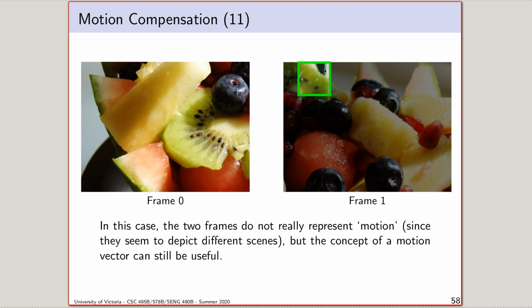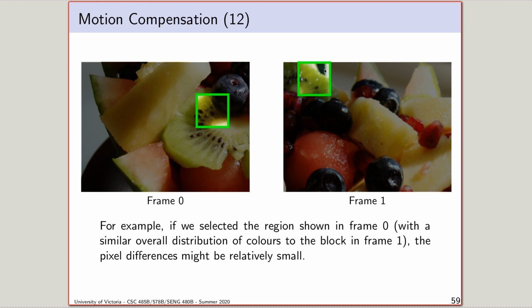So again, we're not actually trying to compensate for real motion here. The point of a motion vector is just to make your delta values small. You just want to take the difference between this block and another area of the previous frame that gives you small delta values. So what if I choose this area? It's got sort of a greenish thing happening down in this part, and up in the other corner, up here, it's got sort of a dark bluish, I guess. It's not perfect, but it is a pretty good match.